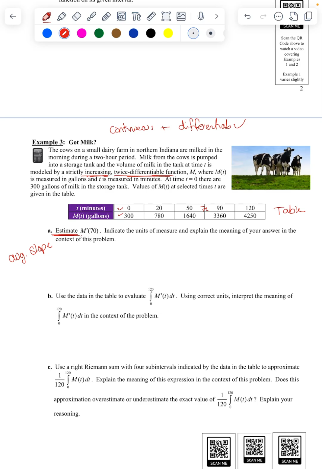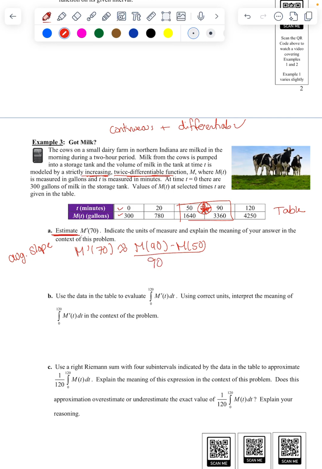So I know that 70 is approximately right here, so I'm going to use those 2 points. So m prime of 70 is going to be approximately m of 90 minus m of 50 over 90 minus 50. Sorry, that's on the bottom.